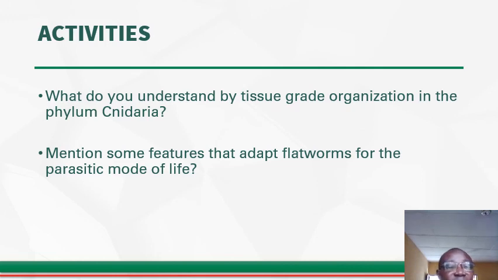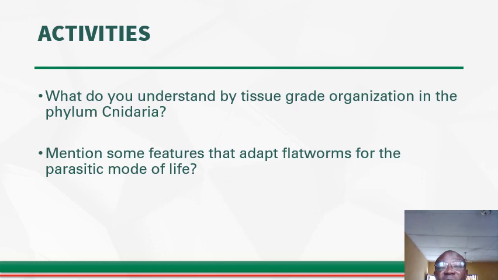Then we will stop here for this lecture, and we are going to have activities. Two activities. One is, what do you understand by tissue grade organization in the phylum Cnidaria? Remember, we said they are the first group of animals whose tissues have grade organization.